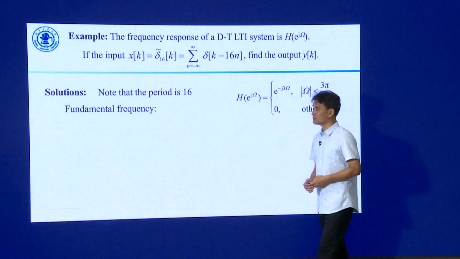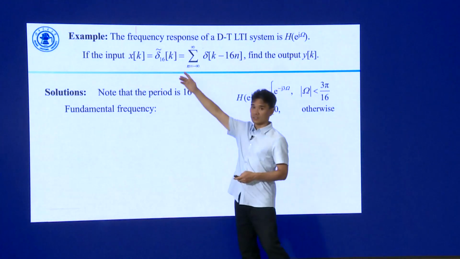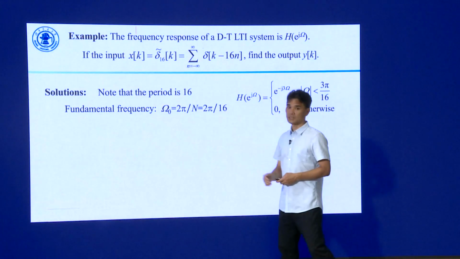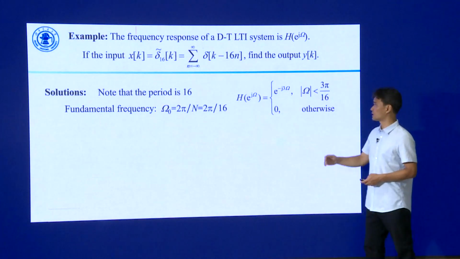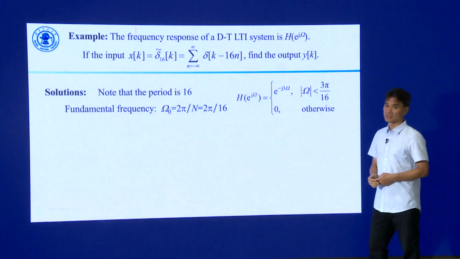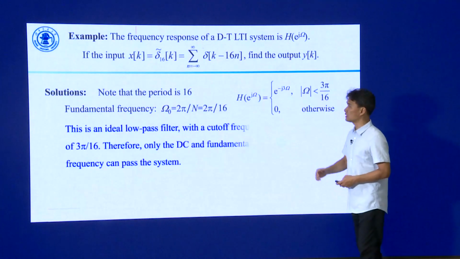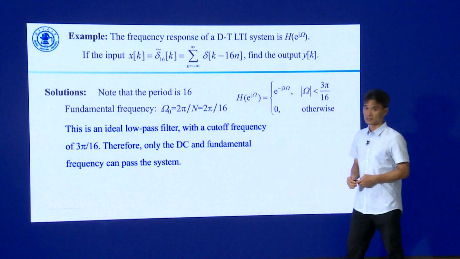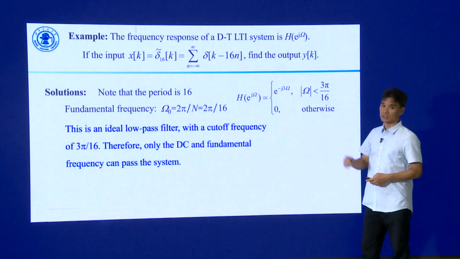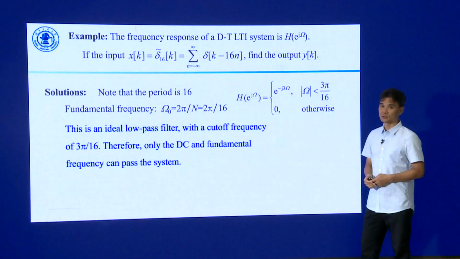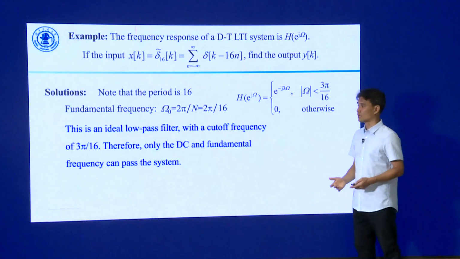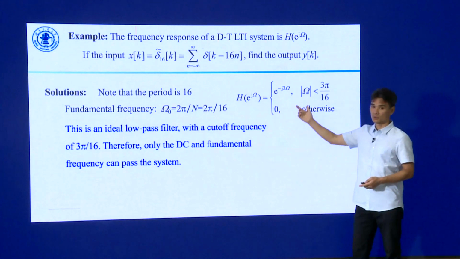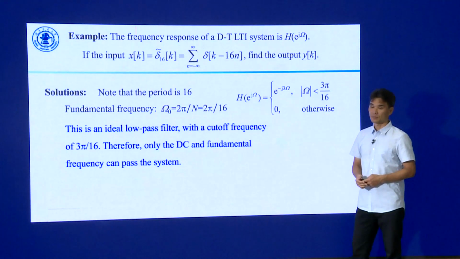So the fundamental frequency of the input signal is 2 pi over 16. Compared to the cutoff frequency, we realize that only the DC component and the fundamental frequency components can go through the ideal low-pass filter without any loss. Otherwise, other harmonics cannot go through this system.